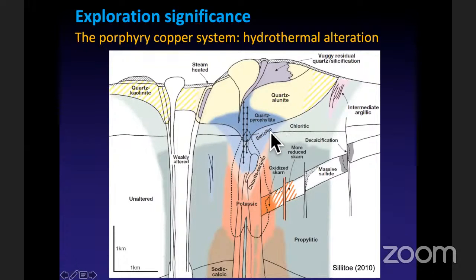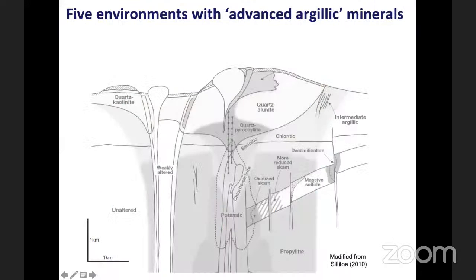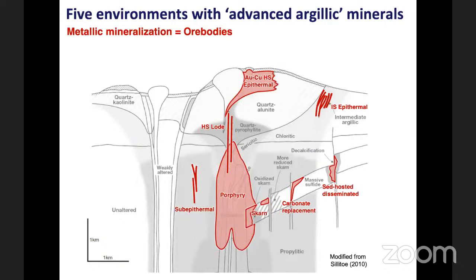Okay, so let's look at this same section. Now, let's highlight the ore bodies, the mineralization, the different types of ore bodies that can happen. Again, this is an extremely schematic figure to illustrate this environment of alteration and mineralization.